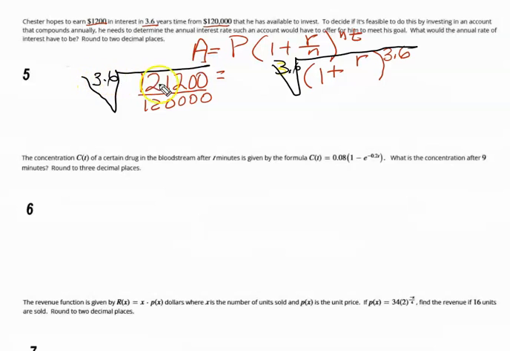So the 3.6 power of this side equals the 3.6 root of this side. Here, because our index number and this exponent are the same, it just becomes the radicand. So I get 1 plus R. I'm going to subtract 1 from this side.